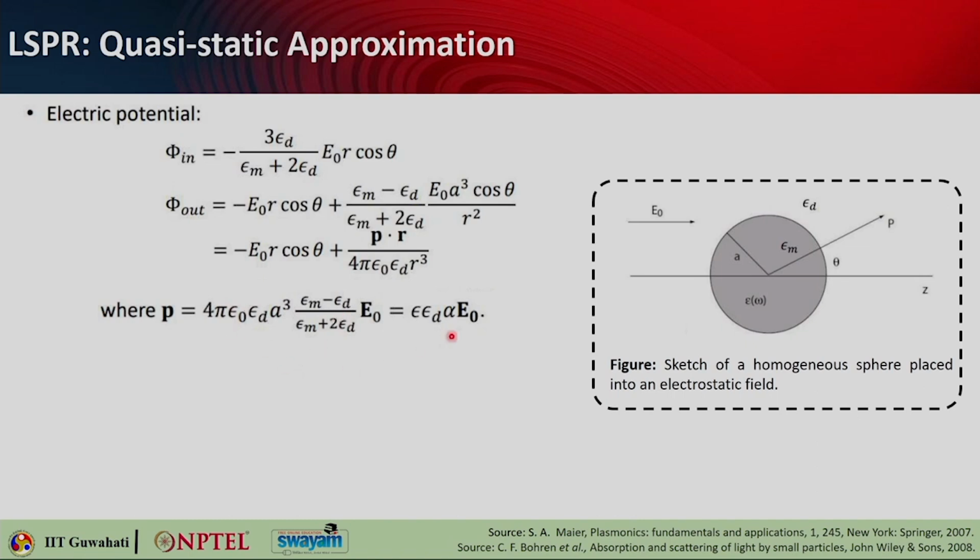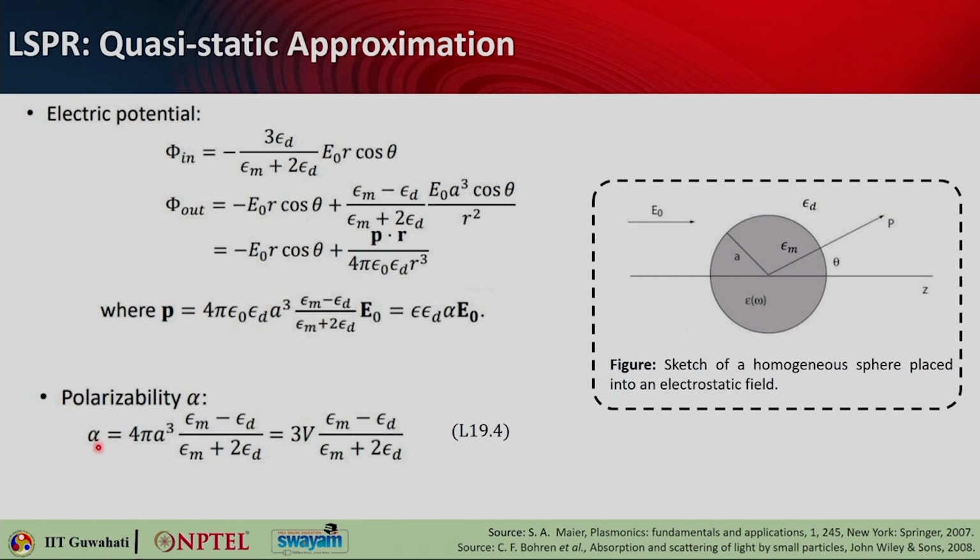So, that constant, okay, you can take as polarizability alpha. So, alpha is the term 4 pi a cube, then epsilon m minus epsilon d over epsilon m plus 2 epsilon d. This can be written as 3 v, where v is the volume of the particle. So, what is the volume v of this particle? 4 pi by 3 a cube. So, 4 pi a cube can be written as 3 v. So, this is basically the polarizability alpha of the particle.